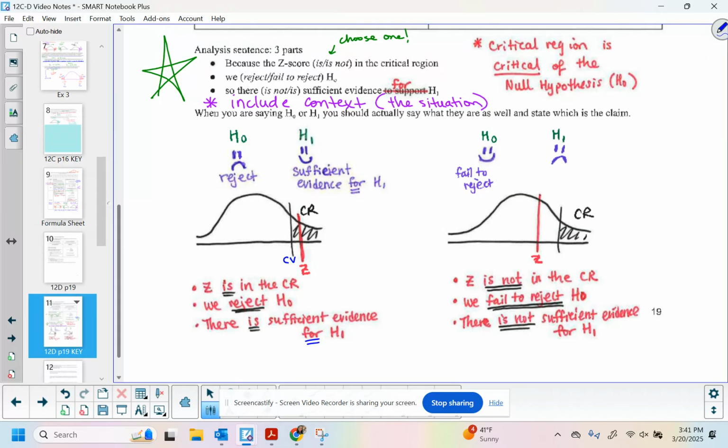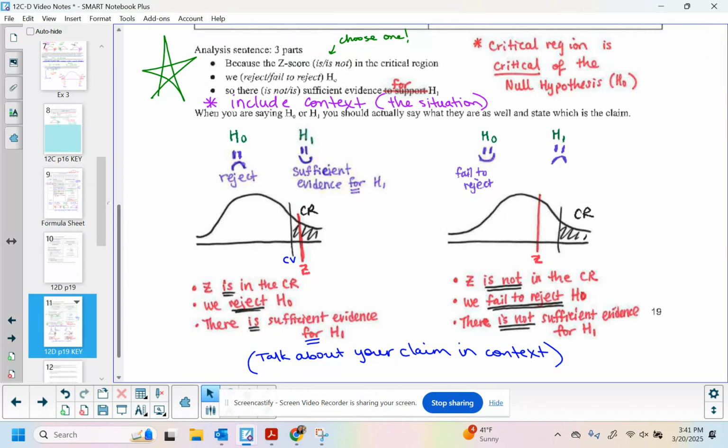Okay, we're never going to actually support it, but we're going to say, yeah, it could be true. And then we will actually talk about what does this mean. Okay, so then talk about your claim in context. All right, that's an important part, whichever way it goes.